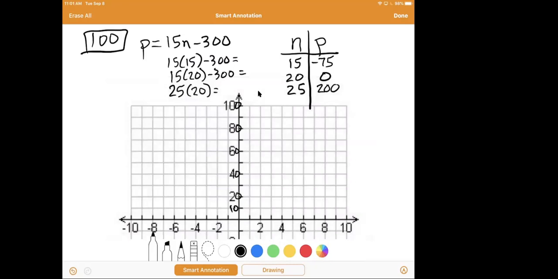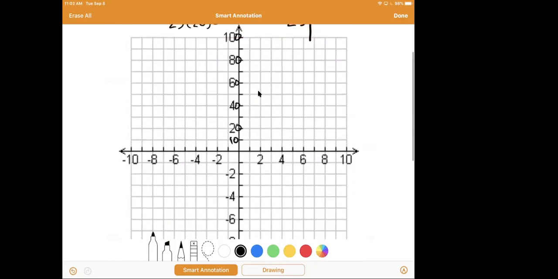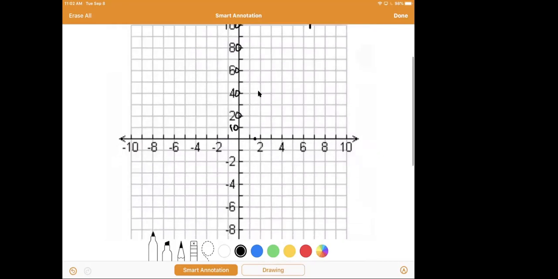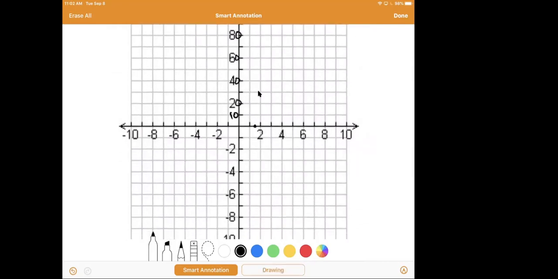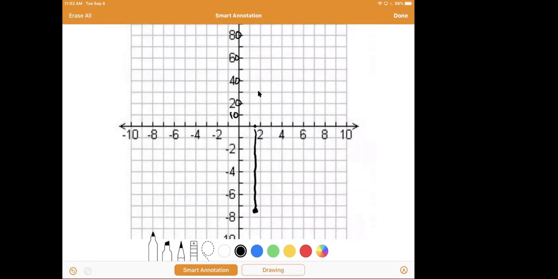So it looks like we're just going to be able to graph those first 2 points. So 15, negative 75. Remember that each of these is in tens. So 15 is here, and then negative 75, we're going to go down 10, 20, 30, 40, 50, 60, 75, right there, kind of in the middle. It's one of those fractional things that I told you I'd like to avoid if possible.